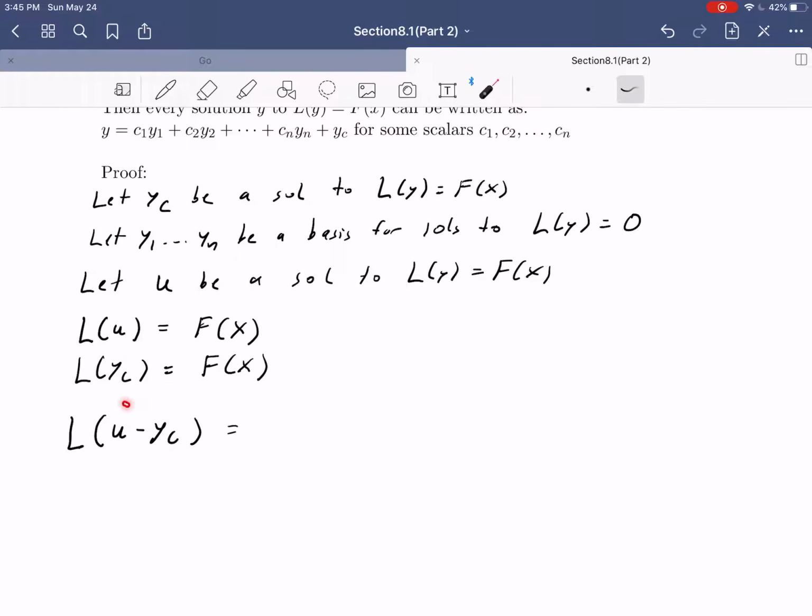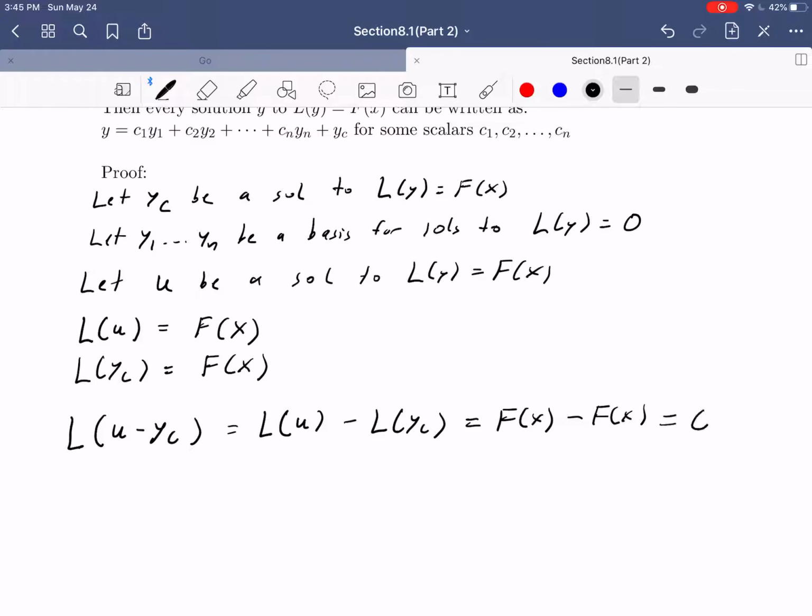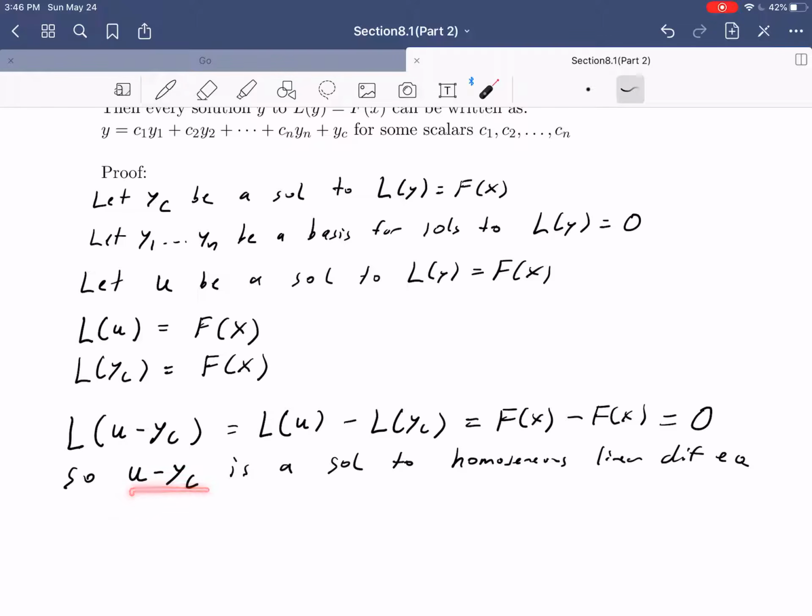Well, by definition this is a linear operator, so this is L of u minus L of y sub c, which is f of x minus f of x, which is 0. So this tells us u minus y sub c is a solution to the homogeneous linear diff EQ.